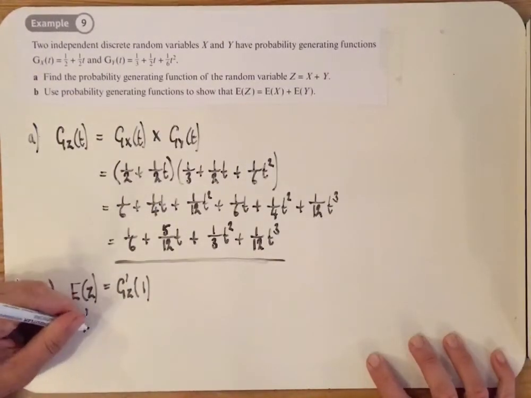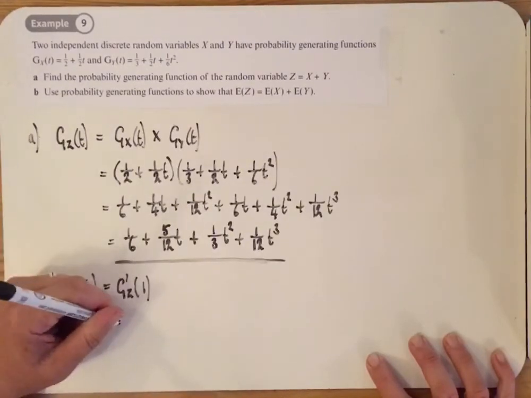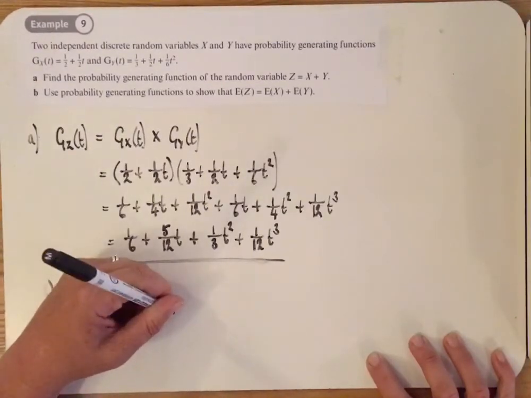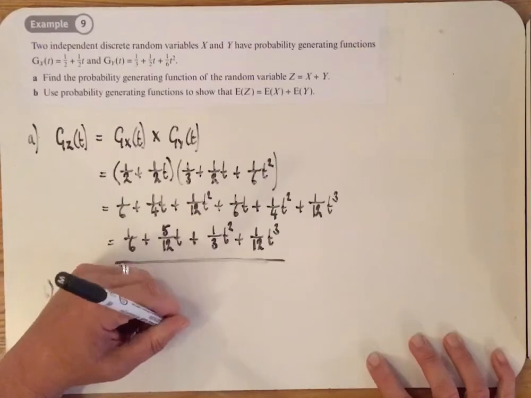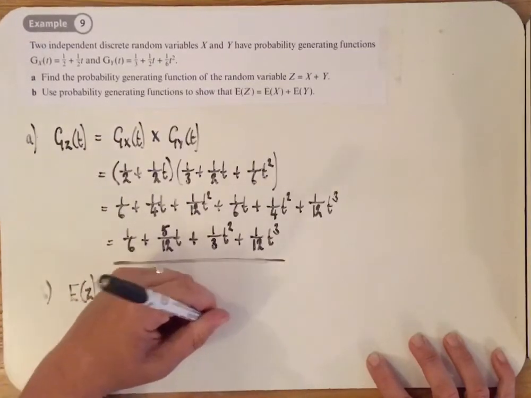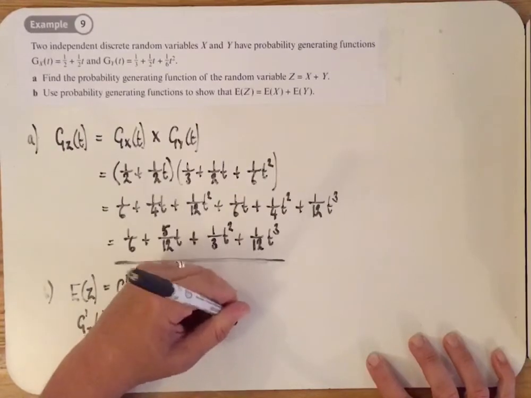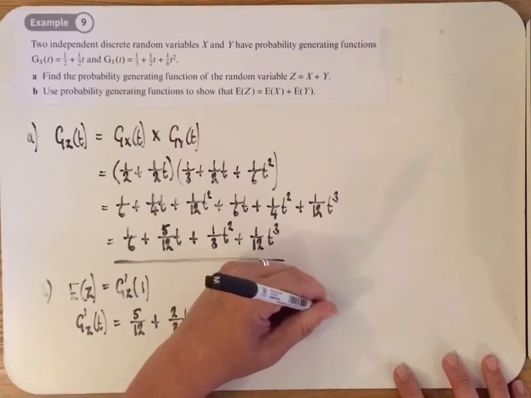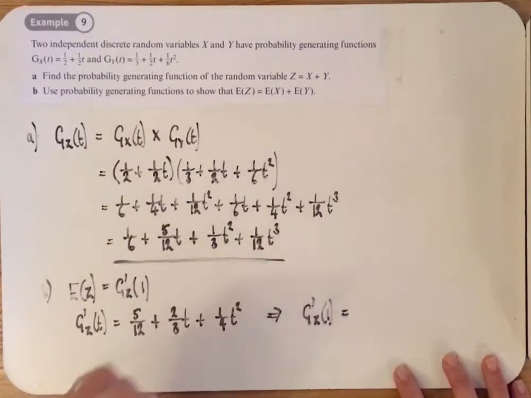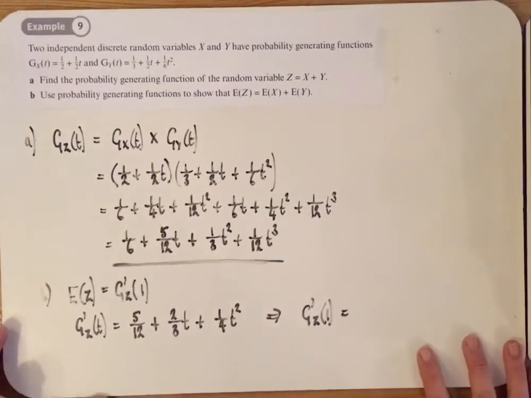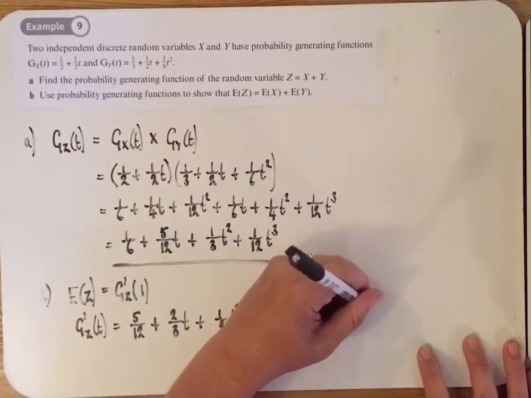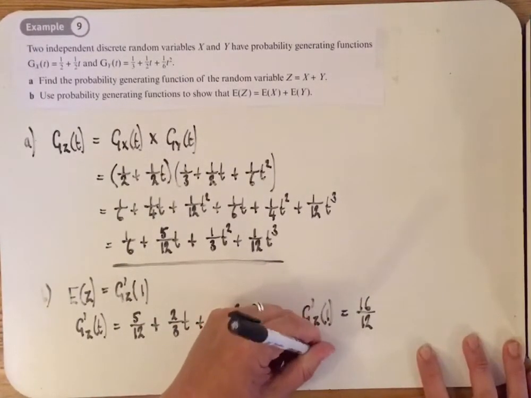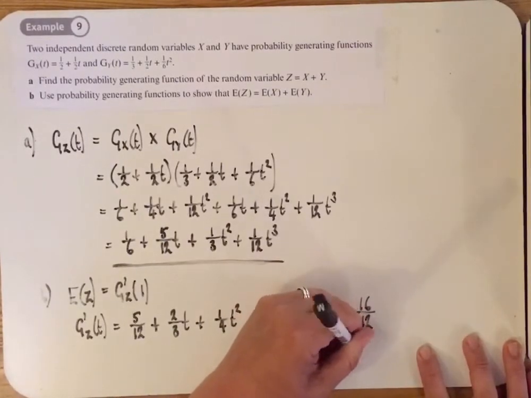So differentiating, we get 5 over 12 plus 2/3 t, so just timesing by the power, taking one off, plus a quarter t squared. And so substituting in t is equal to 1, you get 16 over 12. And so the expectation of z is equal to 4/3.